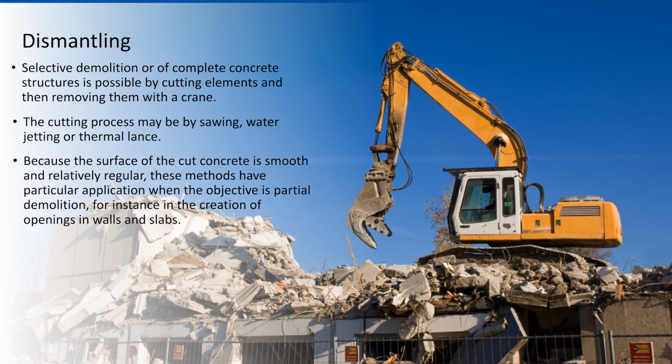Because the surface of the cut concrete is smooth and relatively regular, this method has particular applications when the objective is partial demolition, for instance in the creation of openings in walls and slabs. Cutting with a water jet minimizes dust and eliminates vibration and fire hazards, but requires a water catching system and cleanup during the jetting process.